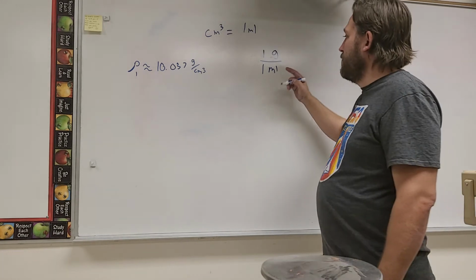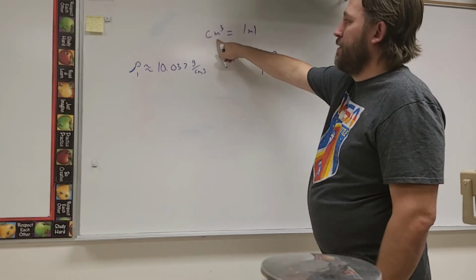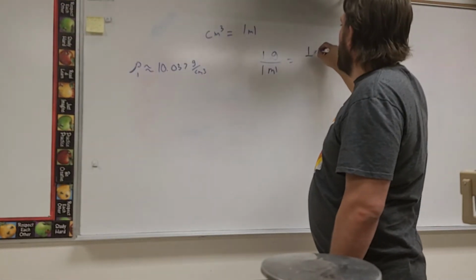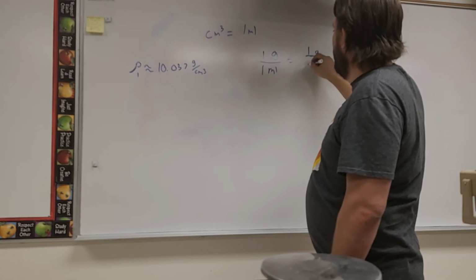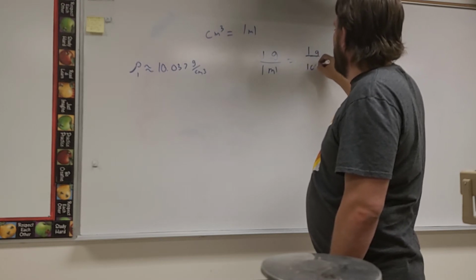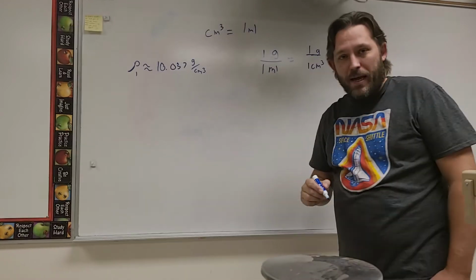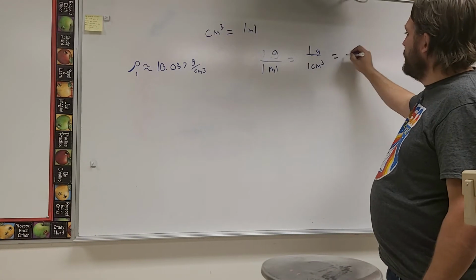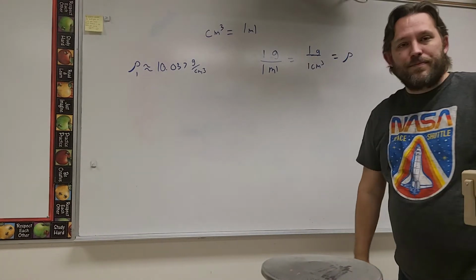Based on this conversion I just gave you, 1 gram of water is in 1 cubic centimeter of space, which is just the density of water.